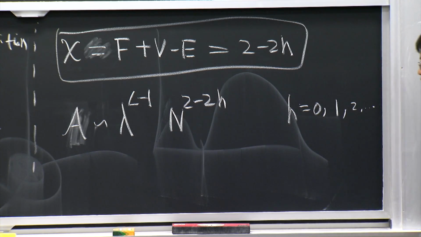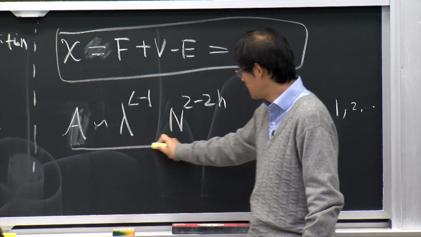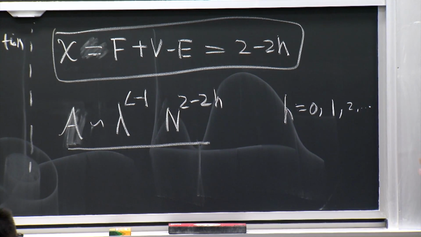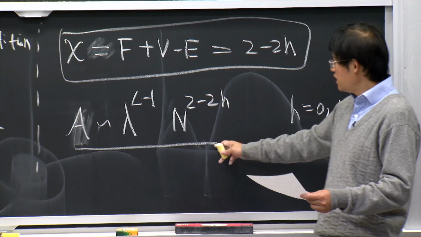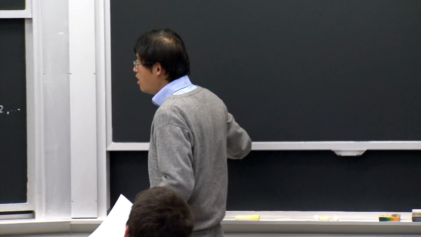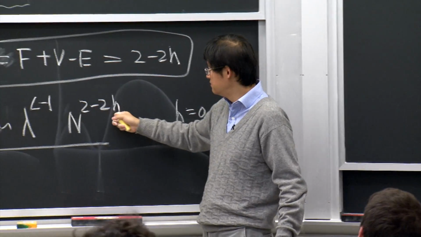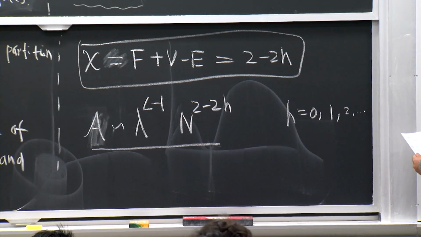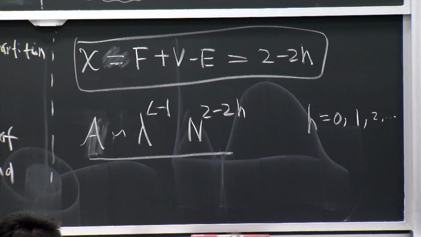So now this expression has a well-defined limit, a well-defined large N limit. So to the leading order, and in particular, this N dependence only depends on the topology of the diagram.